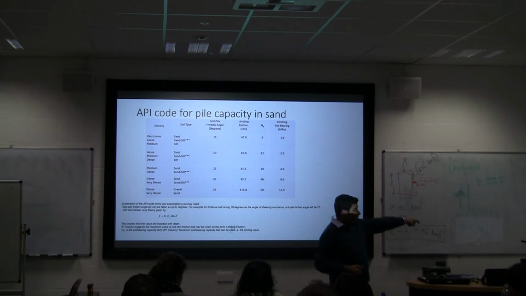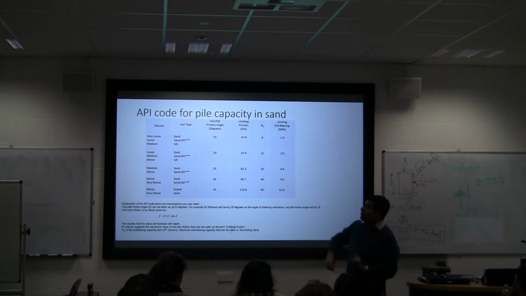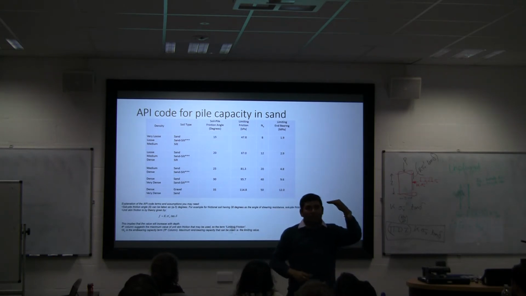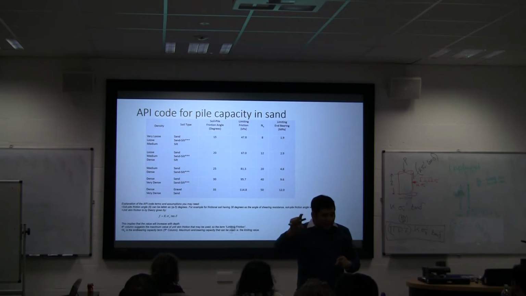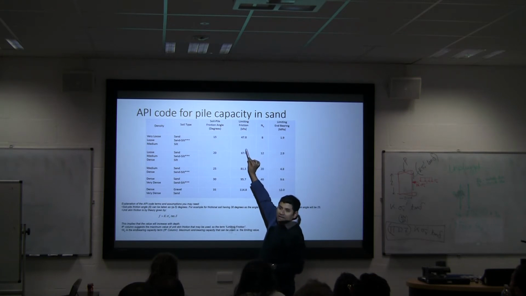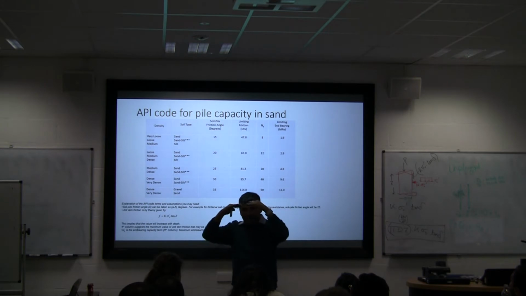Suppose you get from this calculation 55. You cannot take more than 47.8, so you cap at that value. For a particular layer, if you get more than this, you cannot take that. You take this limiting value. It caps the value to a certain level.